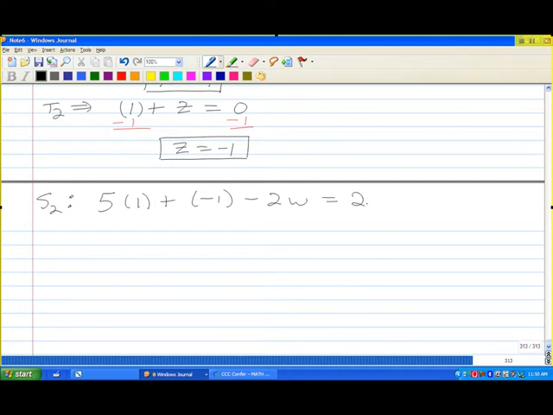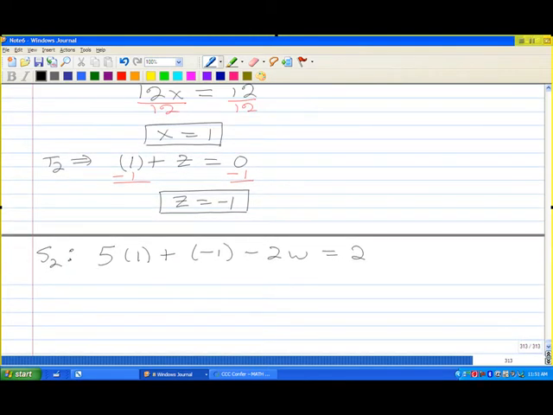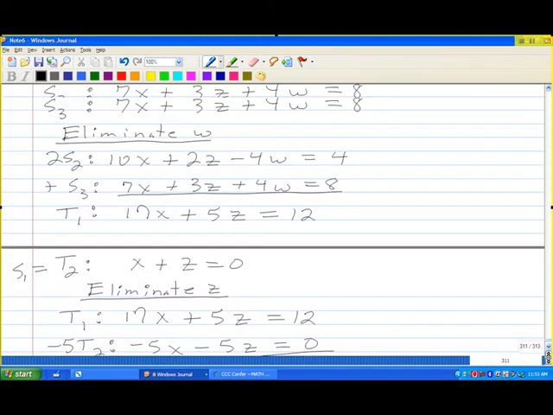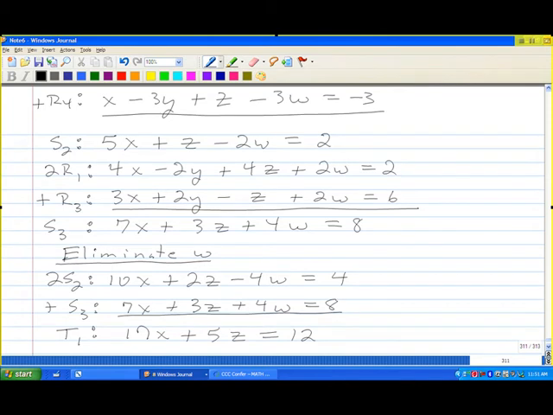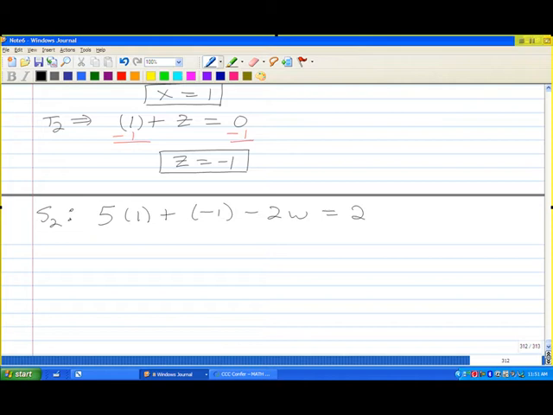And let me just check once more. 5x plus z minus 2w equals 2. Okay, correct. And so 5 minus 1 minus 2w is 2. So 4 minus 2w is 2.